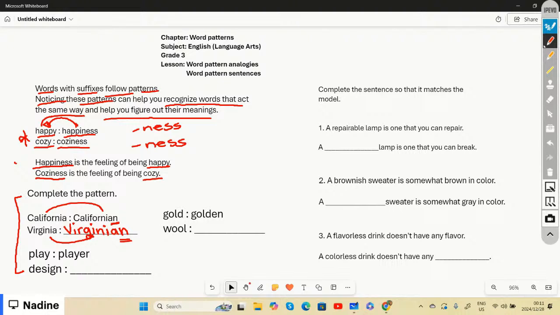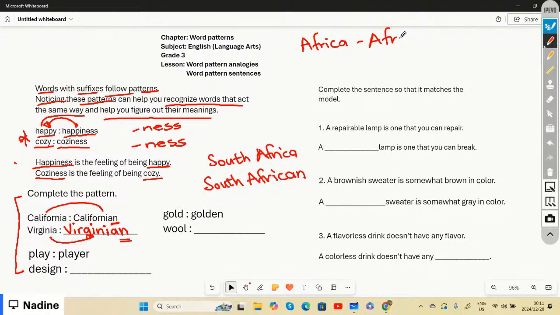You are from Virginia, that makes you a Virginian. I am from, for example, South Africa, which means that makes me a South African. Or I am from the continent of Africa, and that makes me African. So all we did was we followed the pattern and we added in.